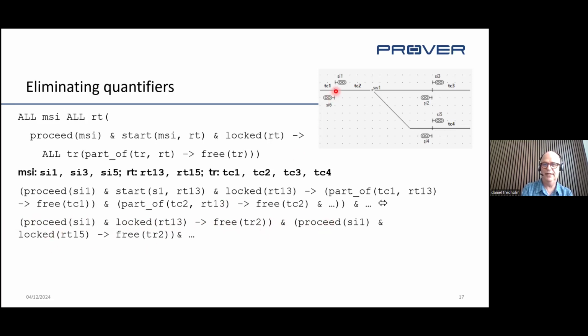Which in reality will mean that if this signal shows proceed and this route is locked, then TC2 should be free. Or if this shows proceed, this route is locked, then the same track is supposed to be free.